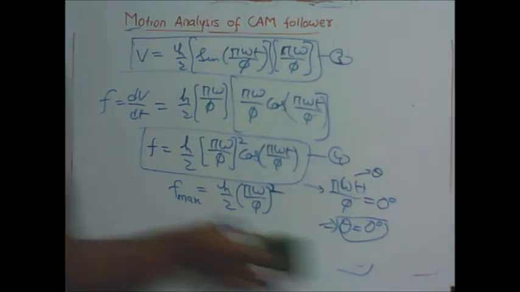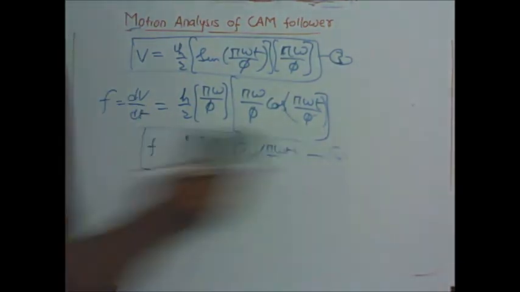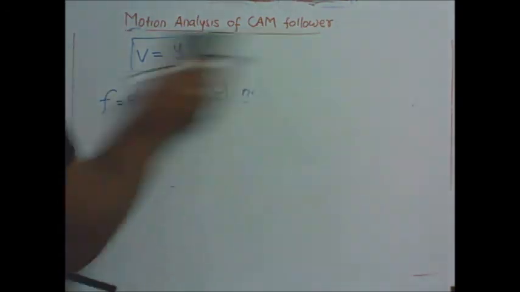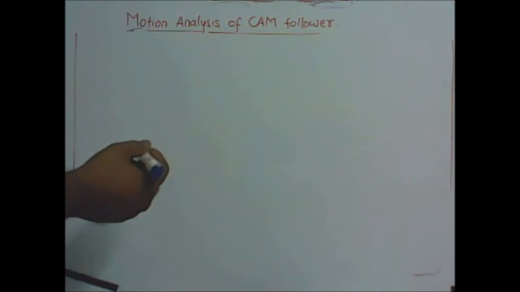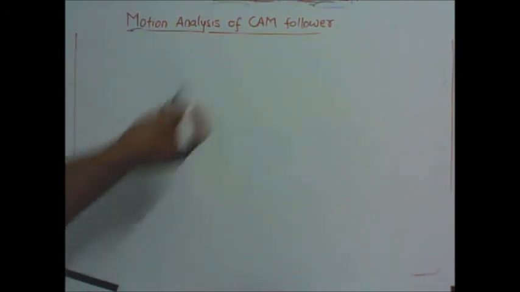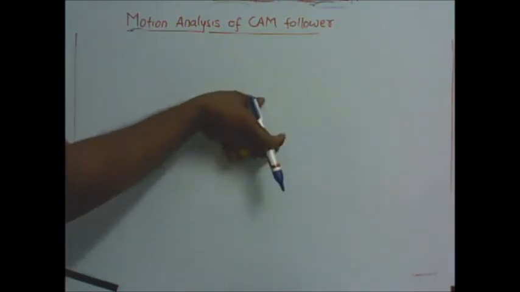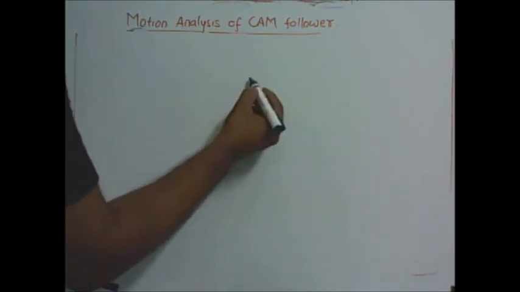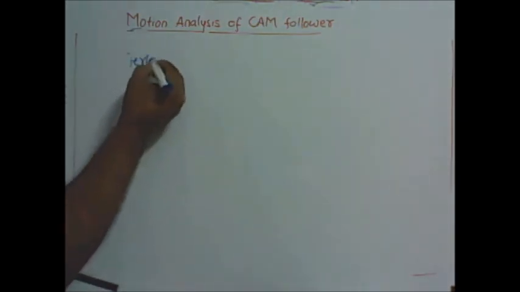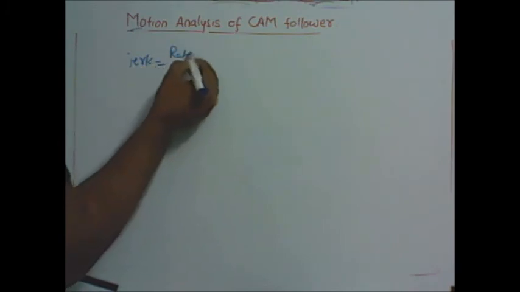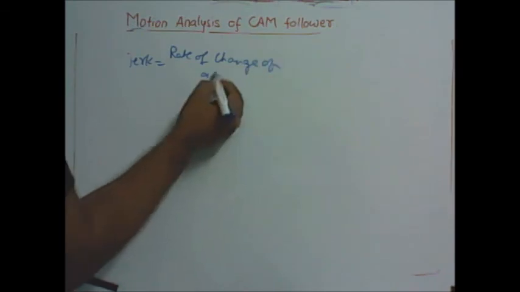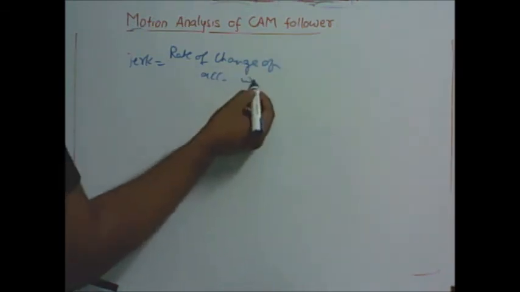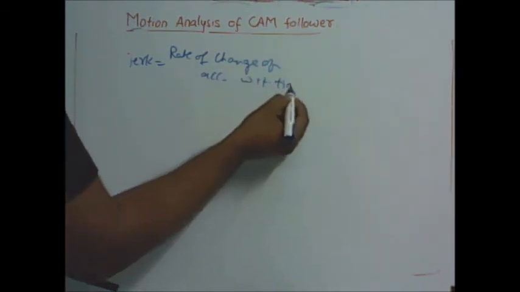Now when we want to draw displacement, velocity and everything all in one diagram, first we will proceed with displacement, next velocity from that, next acceleration from that, next jerk. Don't get confused: jerk is nothing but the rate of change of acceleration with respect to time.